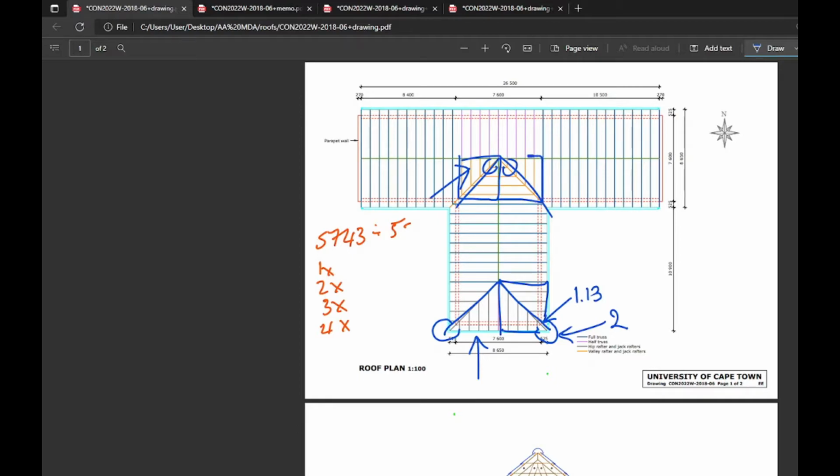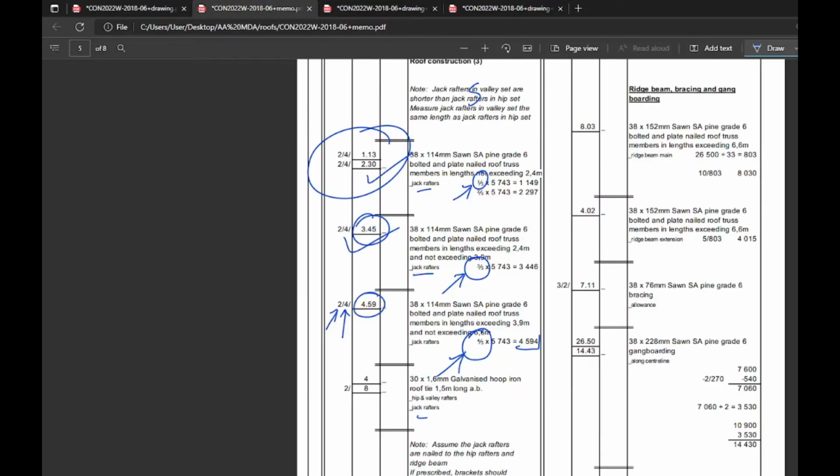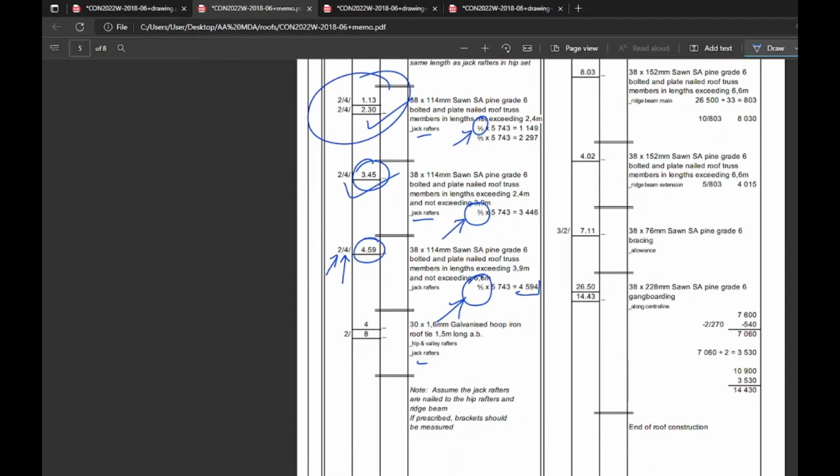So it makes a lot more sense to me, at least, to say 4 by 2 by 1.13. This is done the other way around, not a big deal. I think we've adequately covered that section.